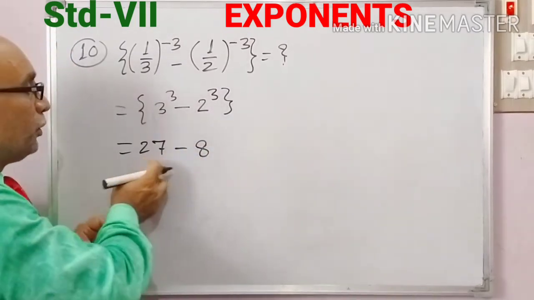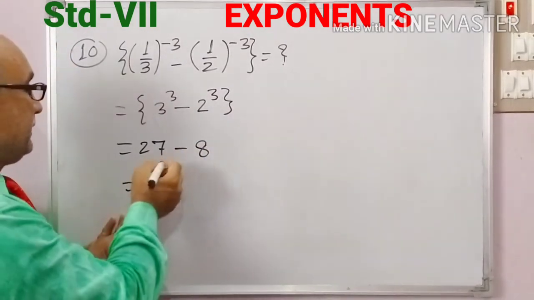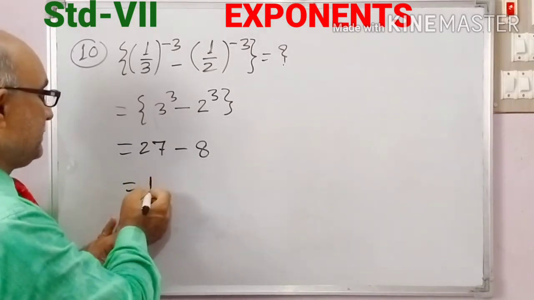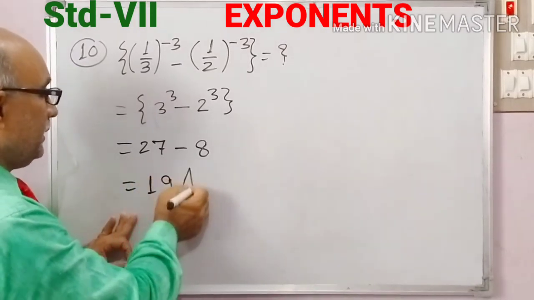Equal to 27 minus 8. 27 minus 8 is 19. Answer.